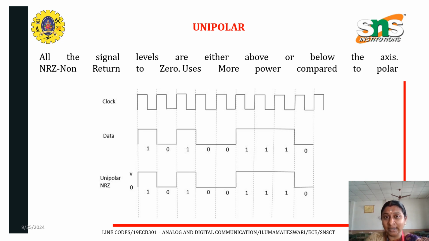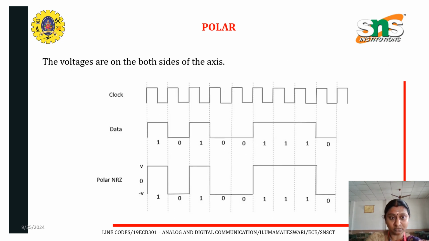While representing it in unipolar NRZ form, it deals only with the positive cycle. From the name itself, unipolar deals with only one polarity, so only positive polarity will be there. In case of 1, it will be high. If it is 0, it is completely 0. Likewise, the data is represented as shown in the diagram.